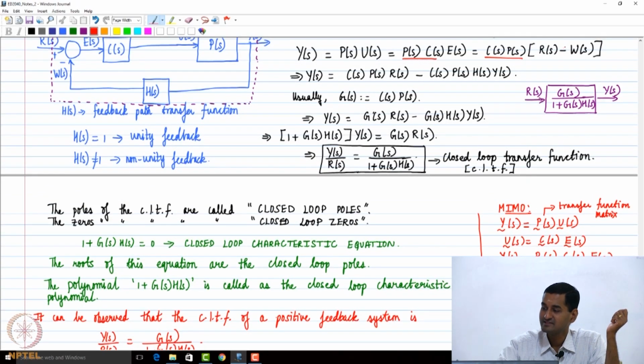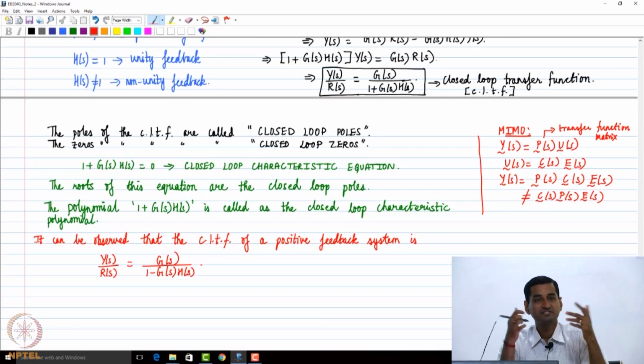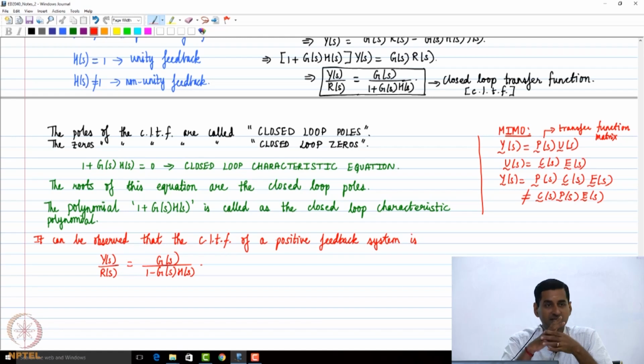Everywhere the right hand side will become plus, and when you take it to the left hand side, it will become 1 minus G(s)H(s). That's the only difference you are going to get if you have positive feedback. That's the closed loop transfer function of a system with positive feedback, with all other elements remaining the same.